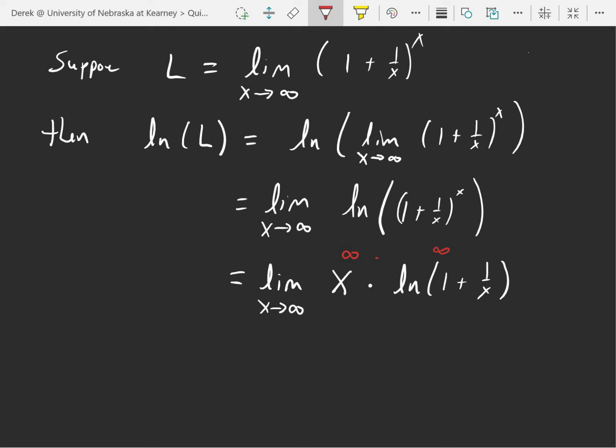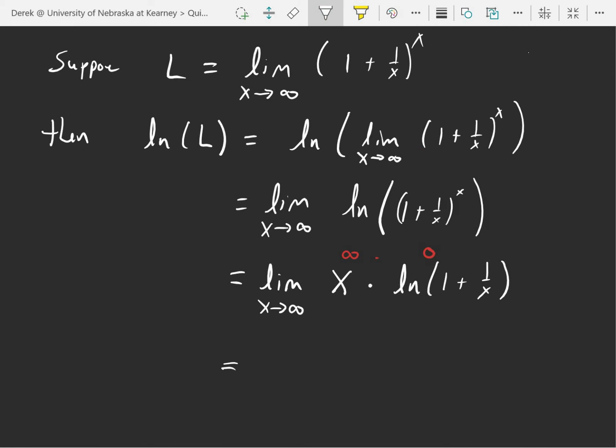Not an infinity times infinity situation, an infinity times 0 situation. If it was infinity times infinity, the limit would be infinity. So I've got something really big times something really small. We don't know how those are going to act. Now I can change this into an infinity over infinity or a 0 over 0 situation.